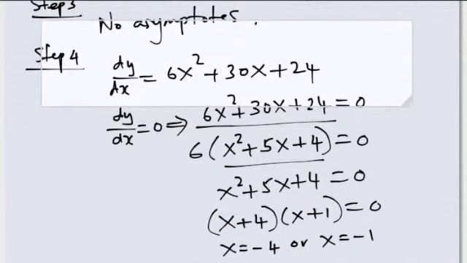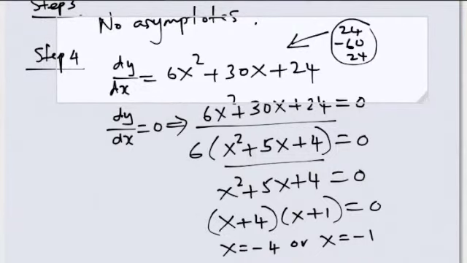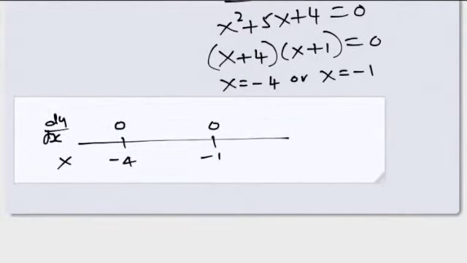If we substitute x equal to minus 2 in this expression, minus 2 squared is 4, so 4 times 6 is 24, plus 24. Minus 2 times 30 is minus 60. And we have the plus 24. So dy dx at minus 2 is negative.